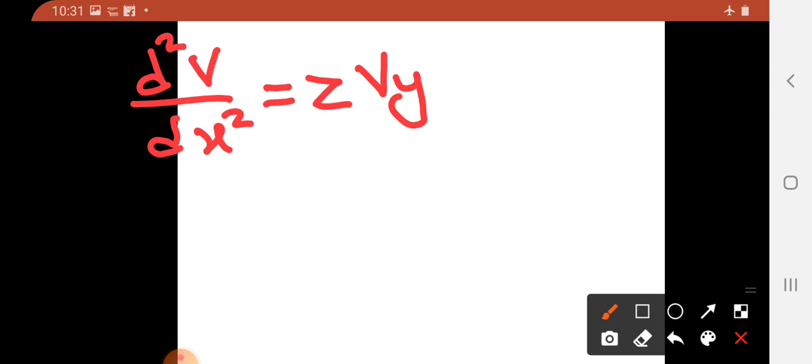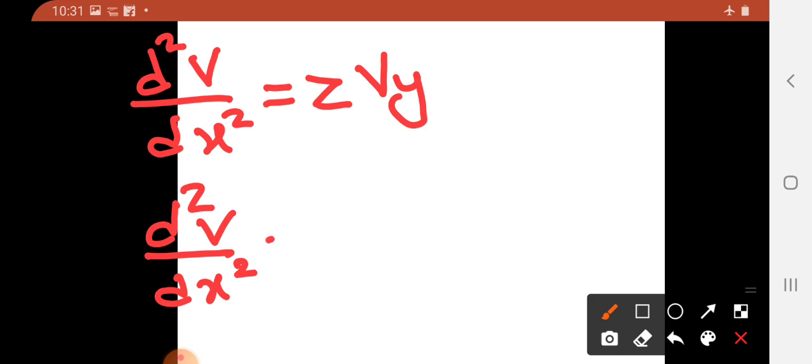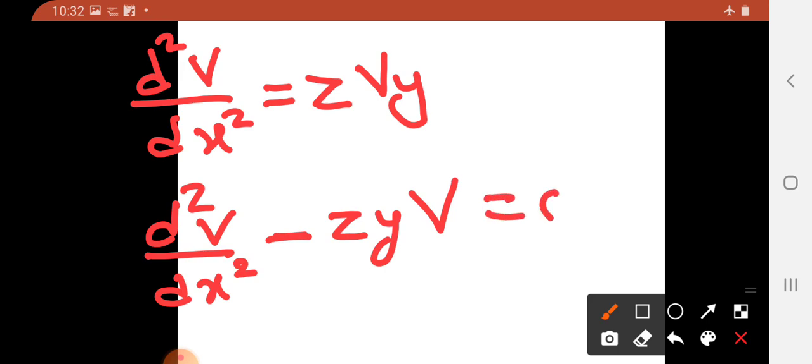Or you can also write d square v by dx square minus z y into v is equal to 0. This is a second order differential equation.